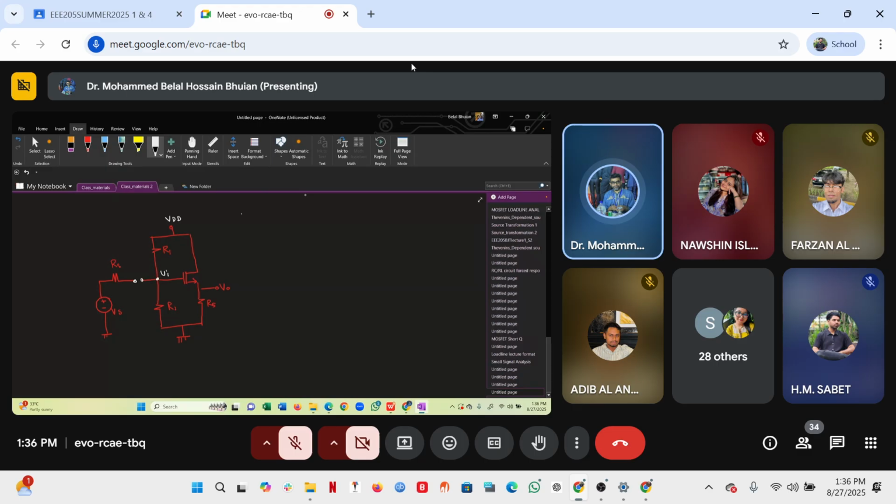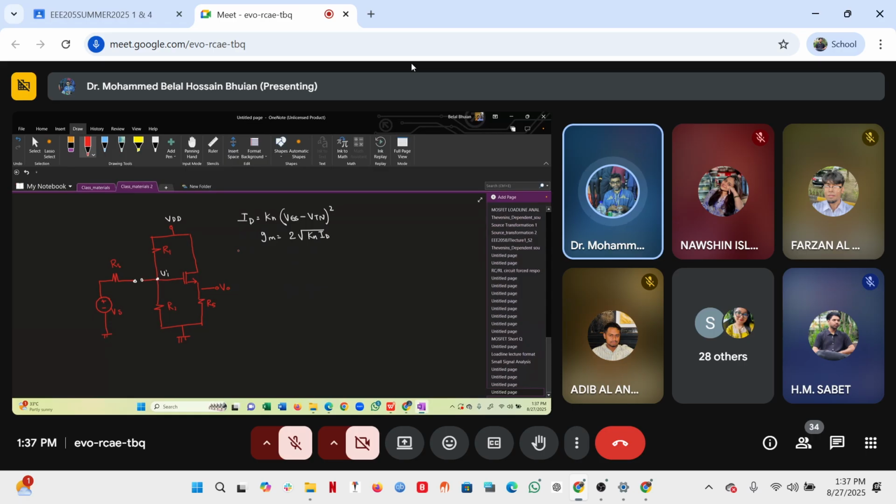So we can determine ID as Kn (VGS minus VTN) whole squared. Then I can determine gm equal to 2 root Kn ID. Done. Next, I need to draw the AC equivalent circuit.